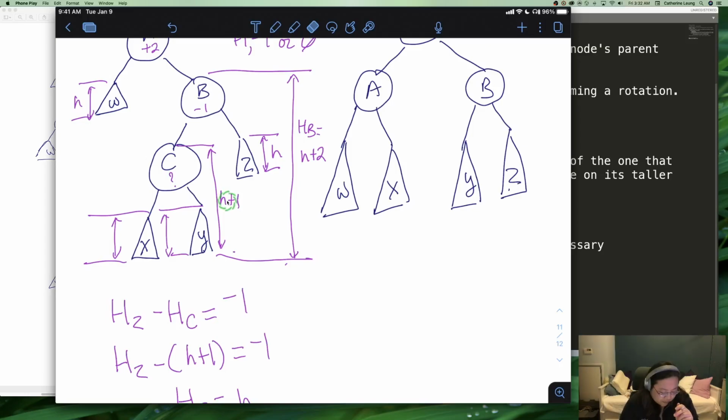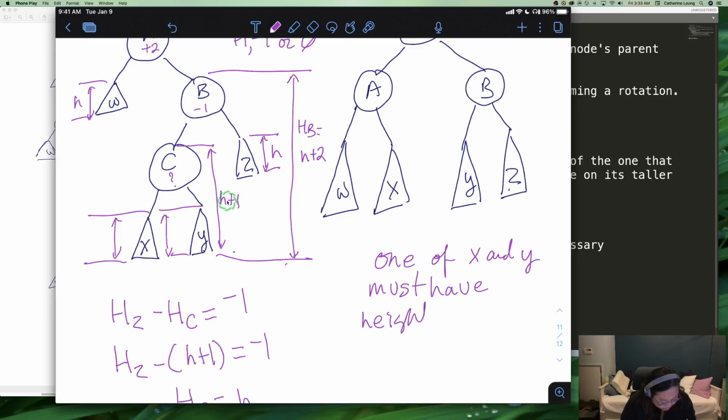One of X and Y must have height h, h nodes tall.